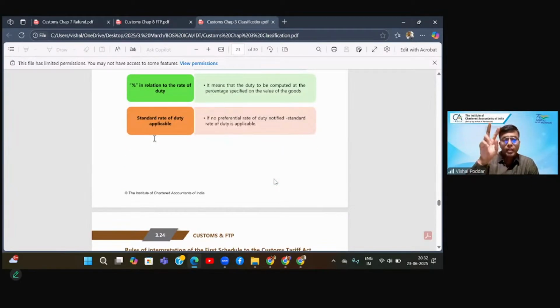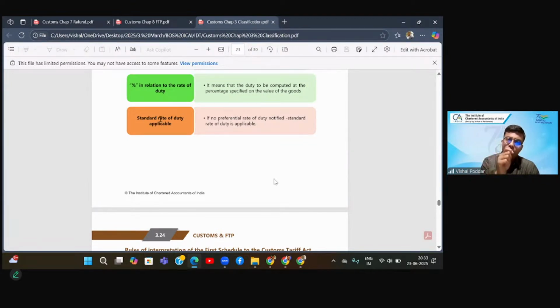Then there are two columns for rates of duties. If you remember, we studied this in the previous class, in the initial chapters. That is the standard rate and the preferential rate. So there are two columns. Standard rate means the rate applicable to all goods, all countries. And preferential is exactly next to the standard rate.